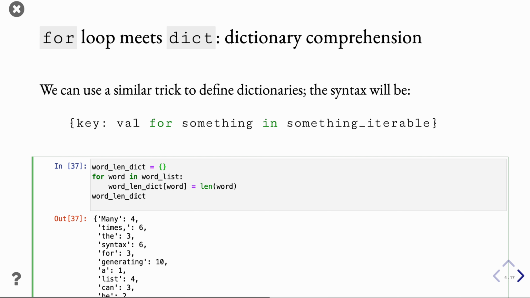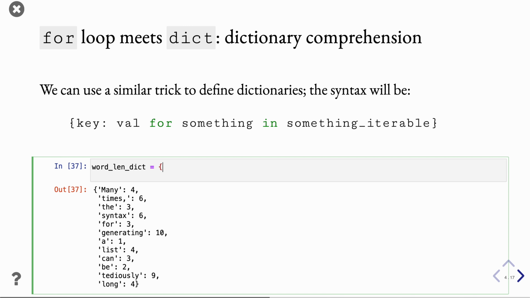We could do the same operation in a dictionary comprehension. We map the same concept that you just saw for lists.